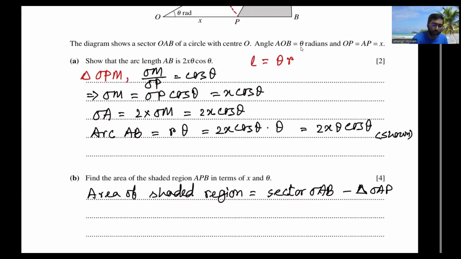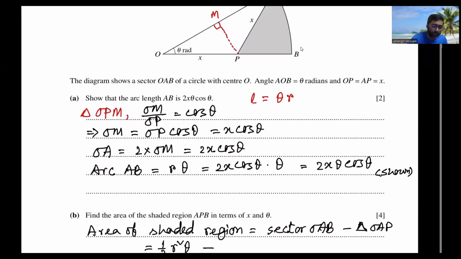And sector area, remember, sector area is half r squared theta. R for this sector is 2x cos theta. Okay? Let's write down the formula first. Half r squared theta minus the area of the triangle OAP.